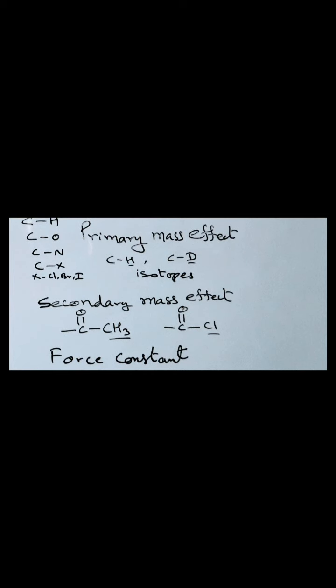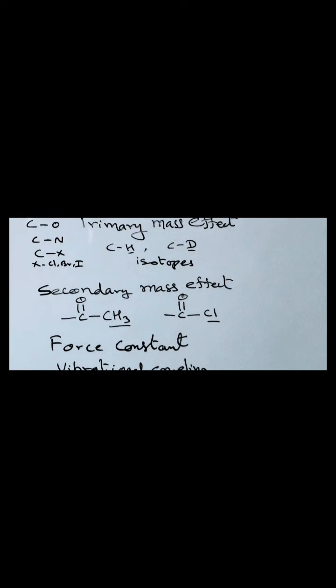The reduced mass definitely plays an important role in determining the frequency of absorption. If the atomic mass varies, it is called the primary mass effect. If the atoms attached to the group for which the frequency is calculated vary, that is called the secondary mass effect. So the mass effect is of two types: primary and secondary.